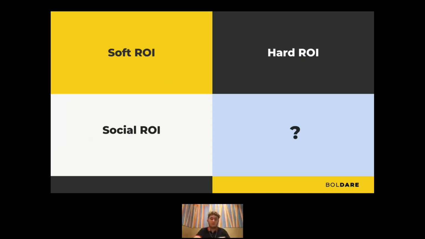You calculate how much money you got, what the investments are, what is best to invest in. But actually, it's not always the only way to look at return on investment. It's not always just numbers. So you also get soft ROI and social ROI.